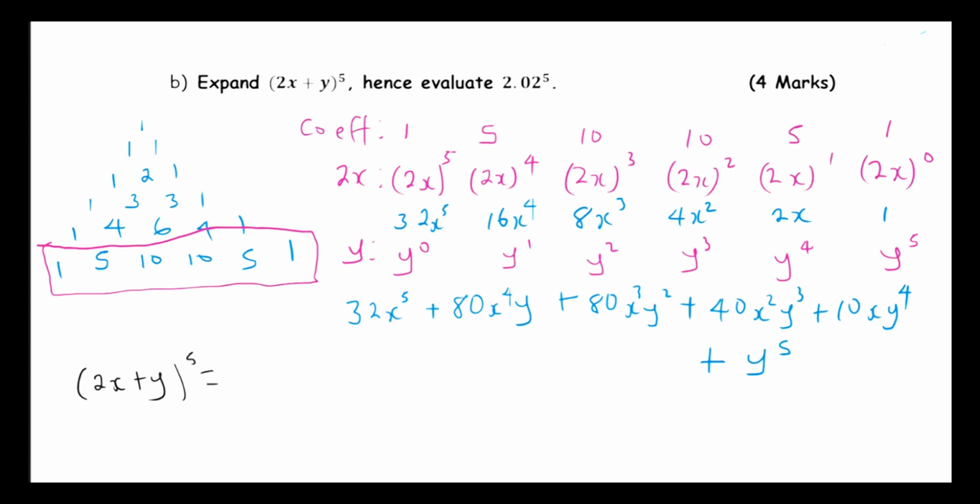So there are different ways you can write 2.02, one of the ways being 2 plus 0.02, raised to power 5. This way you are able to compare the different parts, A with A. So 2x being equal to 2 means that x is 1. And you can also see that y corresponds to 0.02.